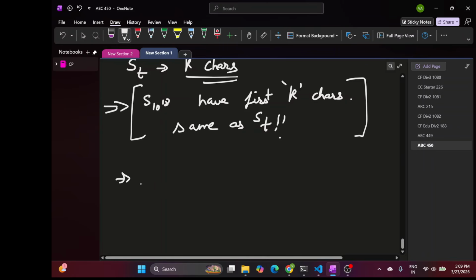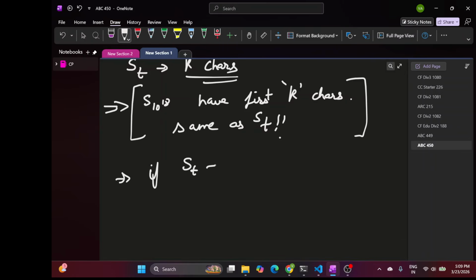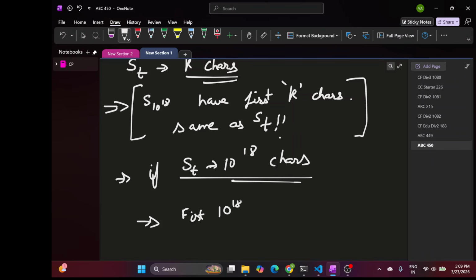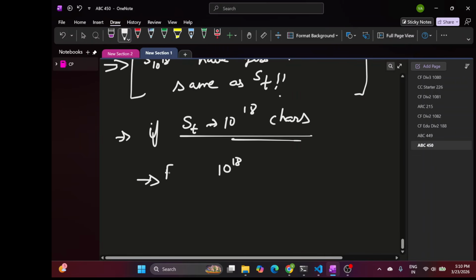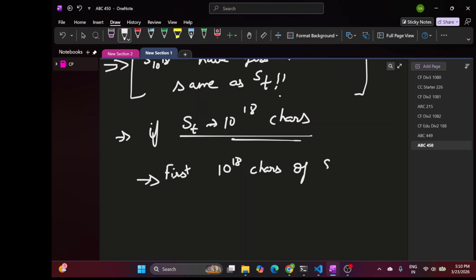So can we say that if St has 10 raised to 18 characters, the first 10 raised to 18 characters of S 10^18 are the same as St, right?